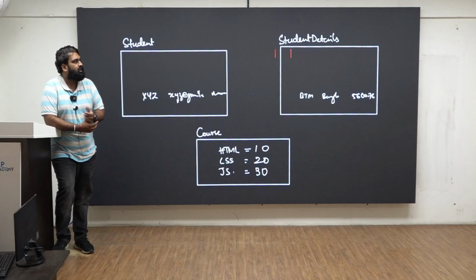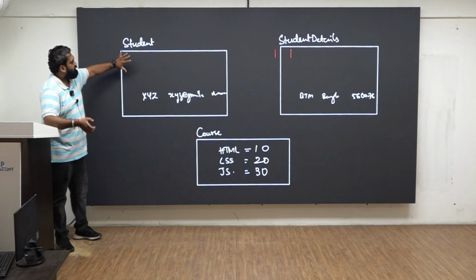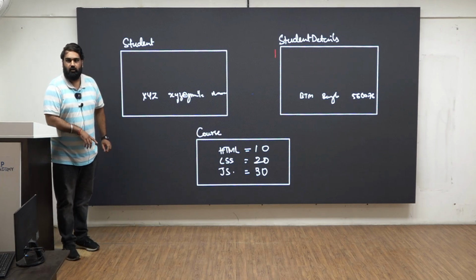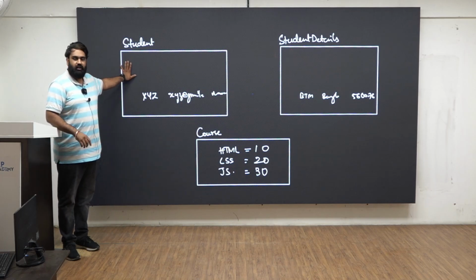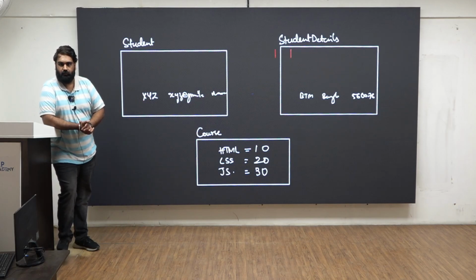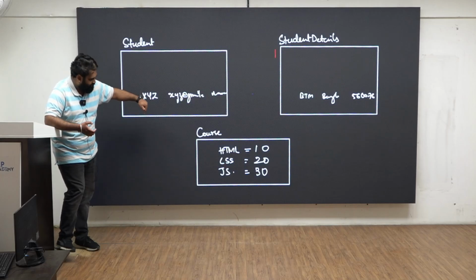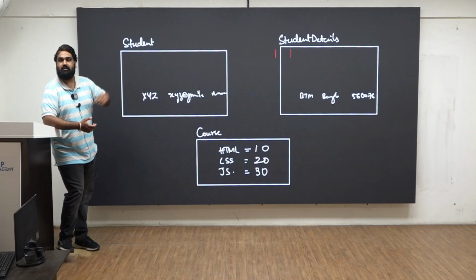Yes. So in case I have to map this, tell me one thing. If you take the student, will one student be given one subject, or will one student be given multiple subjects? If I say there is one student XYZ, will you agree that this student is given HTML also, CSS also, JavaScript also.